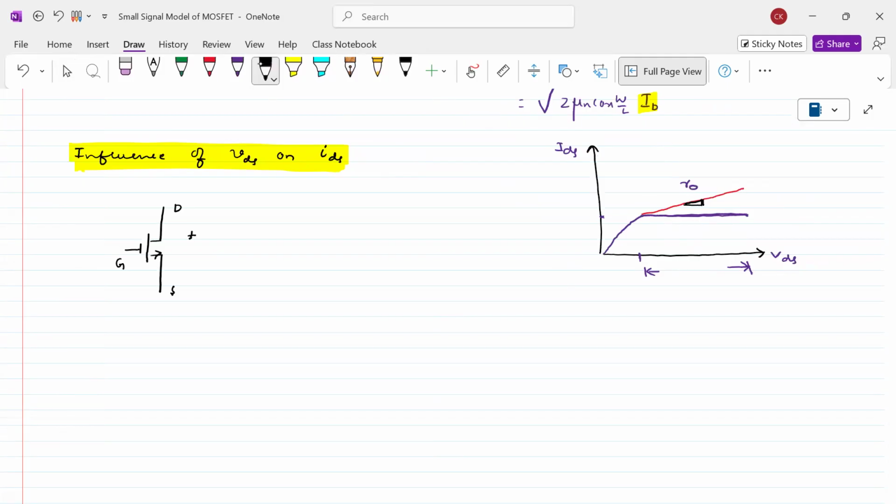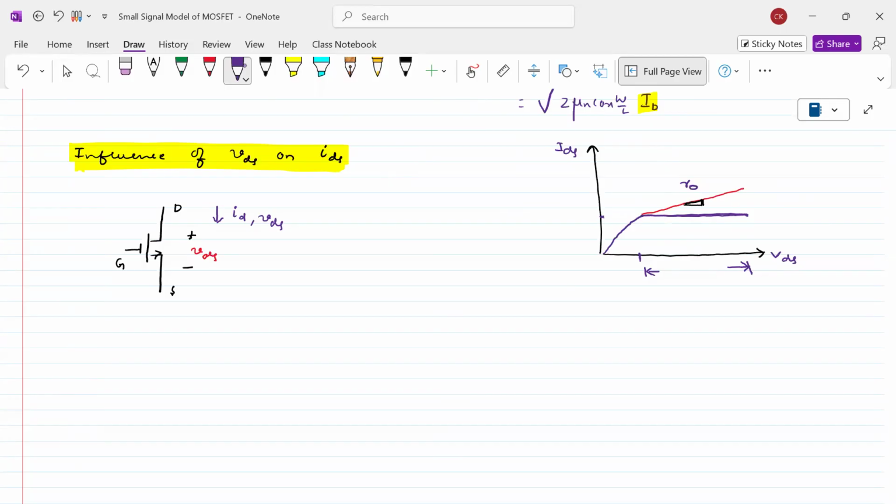When we apply a small change here, VDS, there is a possibility of current flowing here, called ID. This is due to VDS, because we have taken the channel modulation into account. Now, how can we replace this MOSFET under this condition?